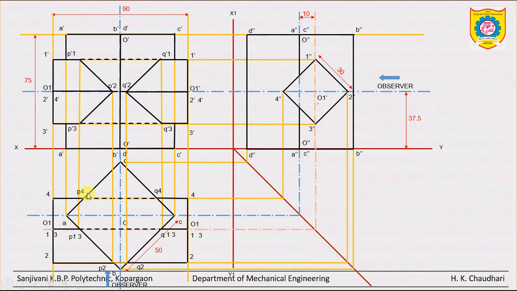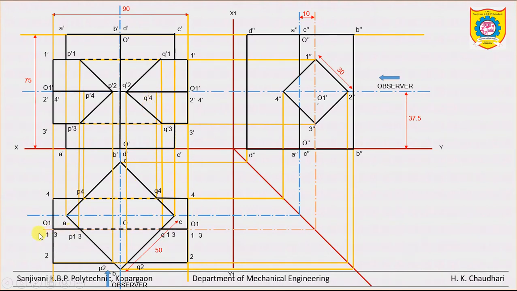So first of all, just draw the vertical projection from P4 here. This point is P dash 4, and similarly for the right side Q dash 4. Clear? This is on the back side.